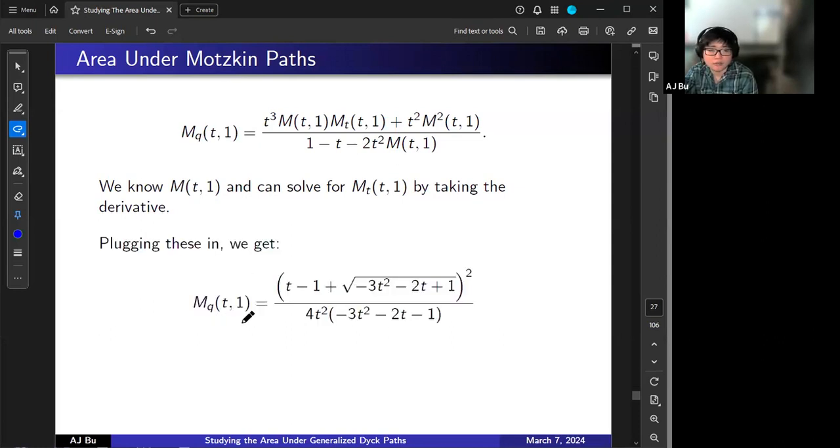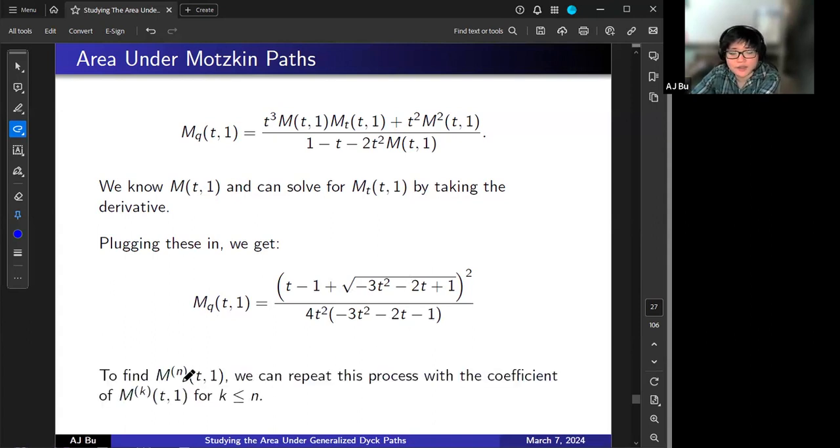So what we're going to end up with is T minus 1 plus the square root of negative 3t squared minus 2t plus 1 quantity squared over 4t squared times negative 3t squared minus 2t minus 1. Okay. And then to find the nth derivative, we're going to just repeat this process for all k less than or equal to n and work our way up to the nth derivative.